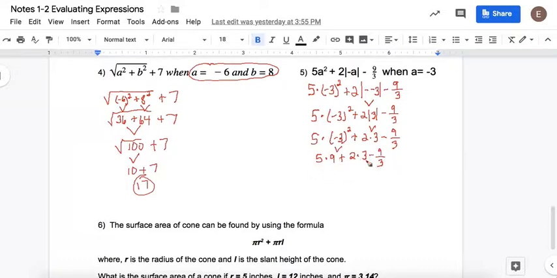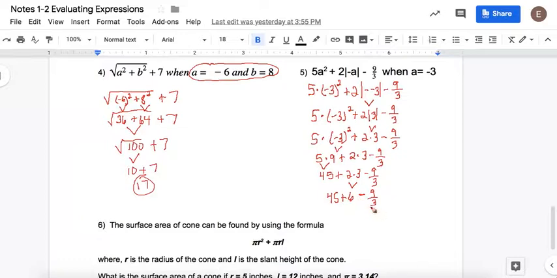I'm going to multiply or divide from left to right. So 5 times 9 is 45, plus 2 times 3 minus 9 divided by 3. And going from left to right still, I have 2 times 3, which is 6, minus 9 divided by 3.